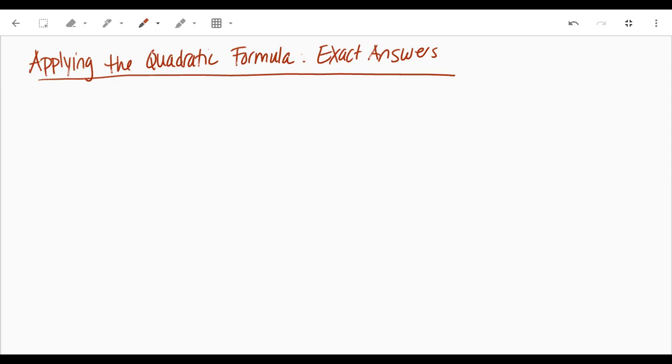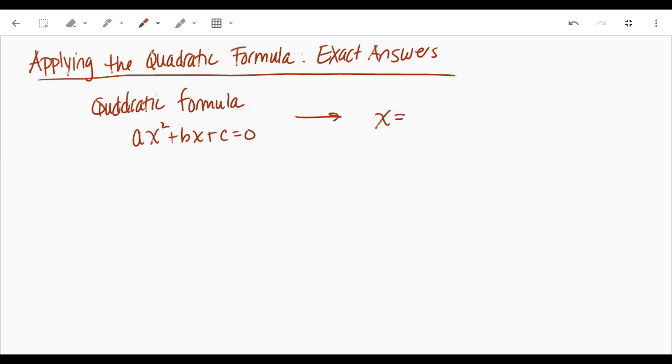So first of all, remember your quadratic formula is when you have something in the form of ax squared plus bx plus c equals 0, then x equals the opposite of b plus or minus the square root of b squared minus 4ac, all over 2a. Okay, and these are just going to have ones where we have to simplify that radical. So we can do an example here.